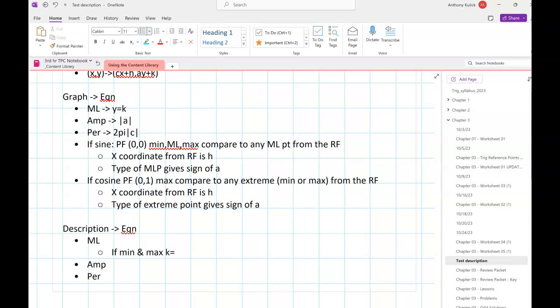For k. If we have a midline point, we'd find k a different way. If we have a free point, we'd find k a different way, right? What's the formula for if we have a max and a min?